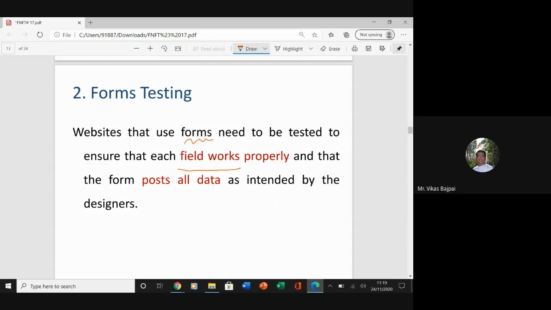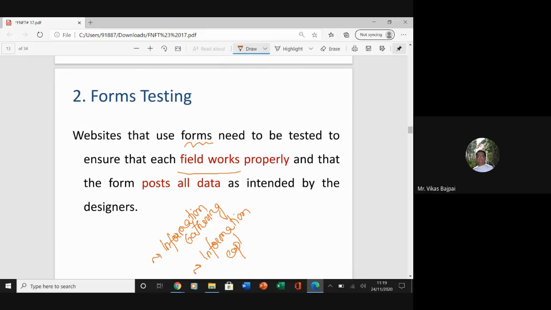So it's like information gathering, or it is your information capturing. See, forms are a way to collect the data, right? Forms are a way to collect the data.